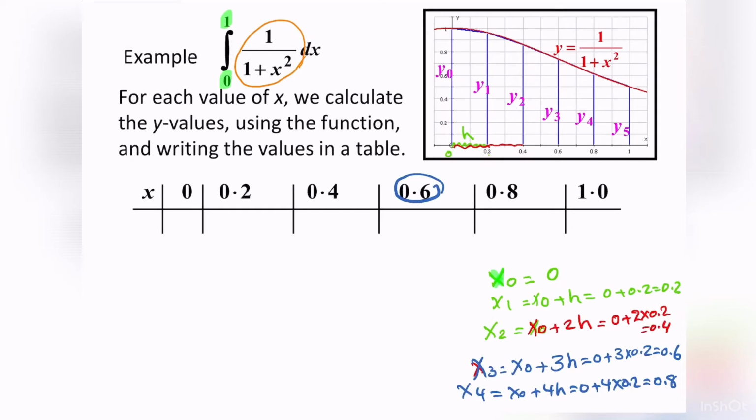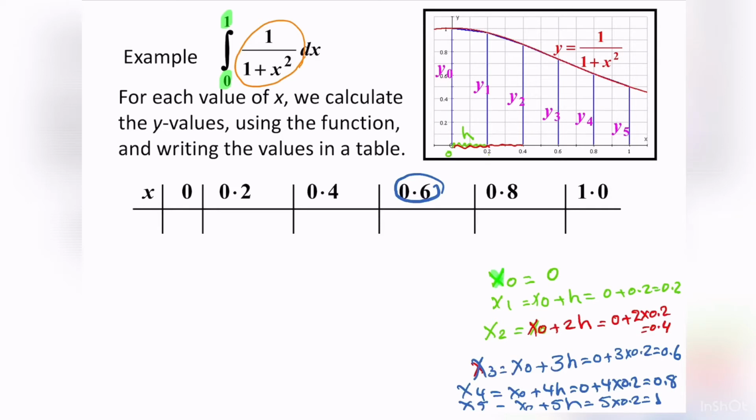And the last one is x5 equals x naught plus 5h, which means 5 times 0.2, and that gives us 1. Okay, so that's how you find the values of x. You don't always expect to be given the values of x in the exam. Maybe you will need to find the x's.